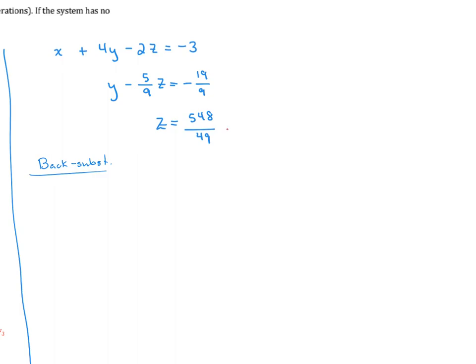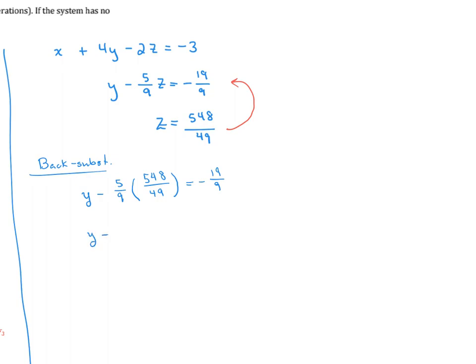So let's take this quantity and substitute it back into the second equation. So we have y minus 5/9 of z, which we know to be 548 over 49. And that's going to be negative 19/9. So what's this mean?